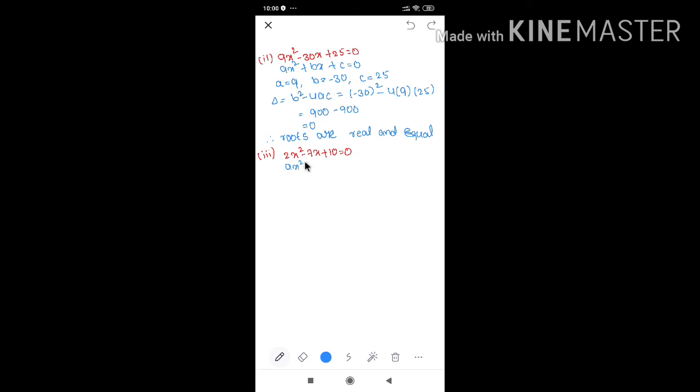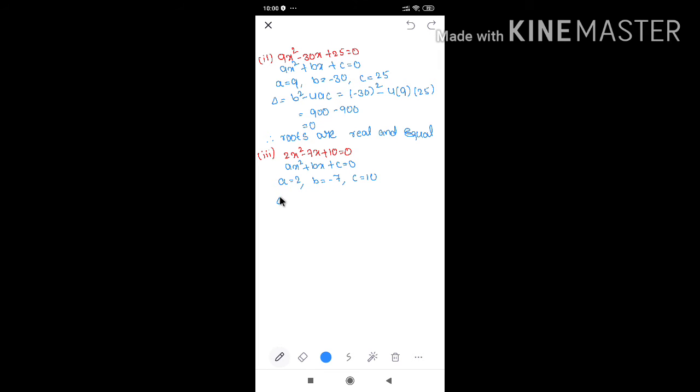Formula ax² + bx + c = 0. By comparison, we are getting a is equal to 2, b is equal to −7, and c is equal to 10.